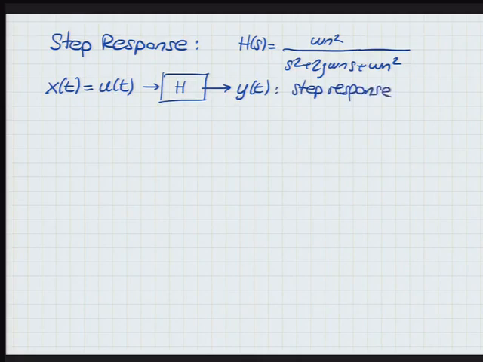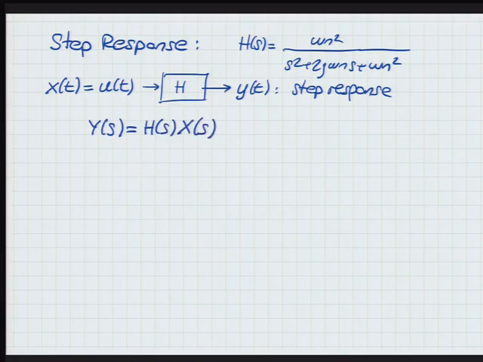The way not to do this is to use the impulse response, take convolution with u(t). That would be a mess. Why would you do that, right? So what's an easier way? So think about the Laplace transforms of everything, right? So Y(s) is the transfer function H(s) times X(s), right?